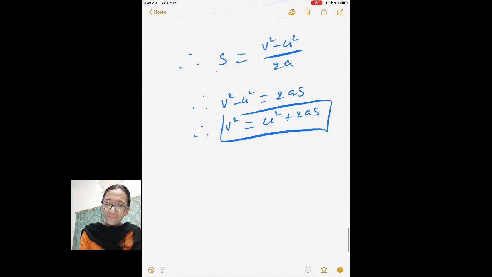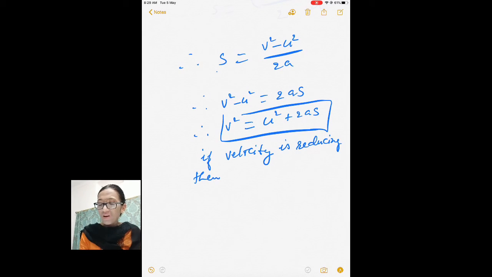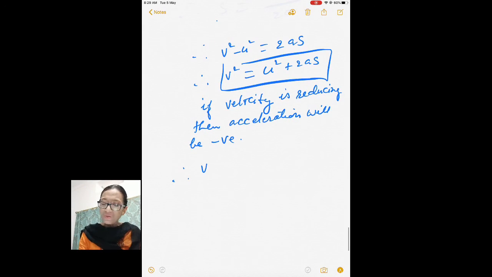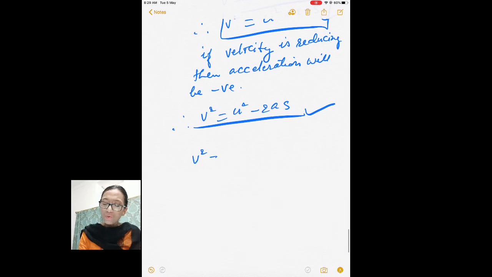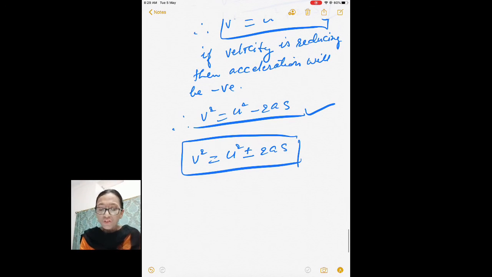But if velocity is reducing, then acceleration will be negative, and therefore v square is equal to u square minus 2as, and when you combine the two, you get v square is equal to u square plus minus 2as. So these are the three Newton's equations of motion.